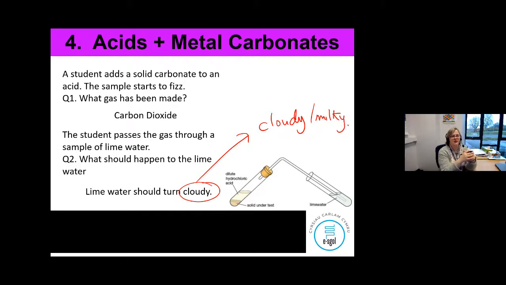As a WJEC examiner, I'll tell you that is one of the rules that, yet again, we're kind of handcuffed into. We're not allowed to take weird explanations or descriptions of lime water's appearance. It's either cloudy or milky. Nothing else is allowed. We're not allowed creamy or whitey, or I've had lots over the years. Okay, stick to the 2 that are allowed, which is lime water will turn milky or lime water will turn cloudy.